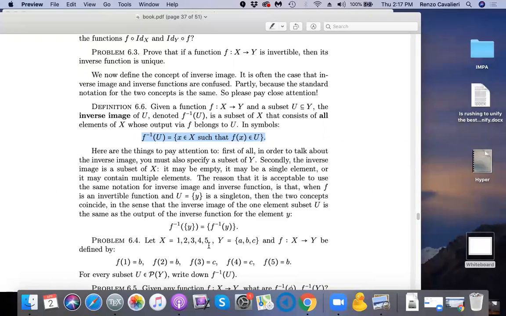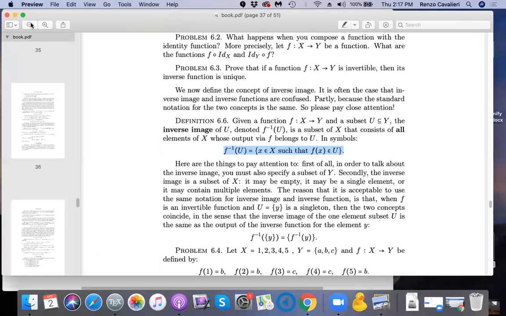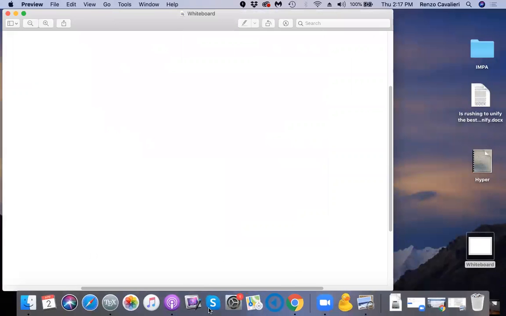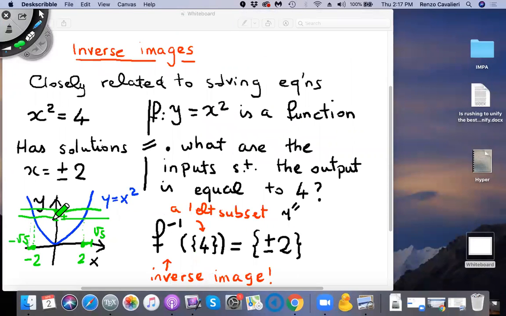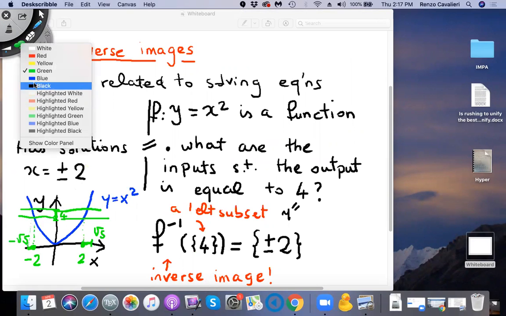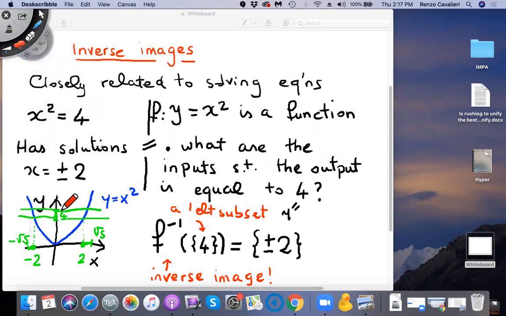Okay? But if I now go back to my screen here, in this particular example that I drew, this interval is my set U, maybe the interval from 4 to 5, and it's a subset of the y-axis, right?